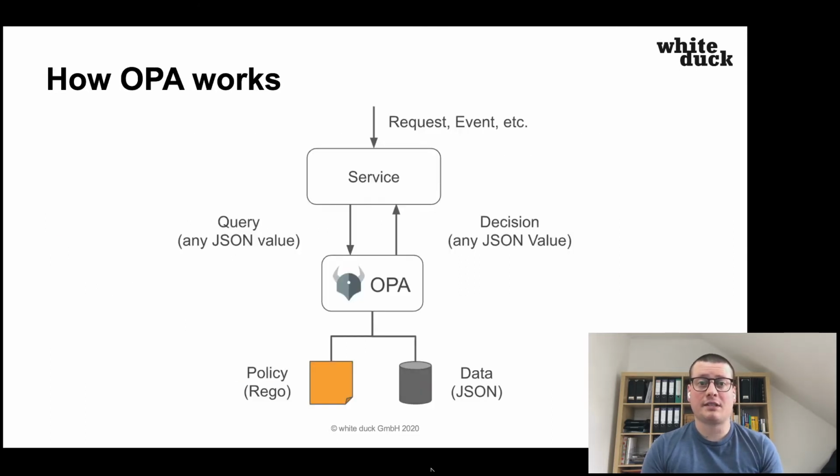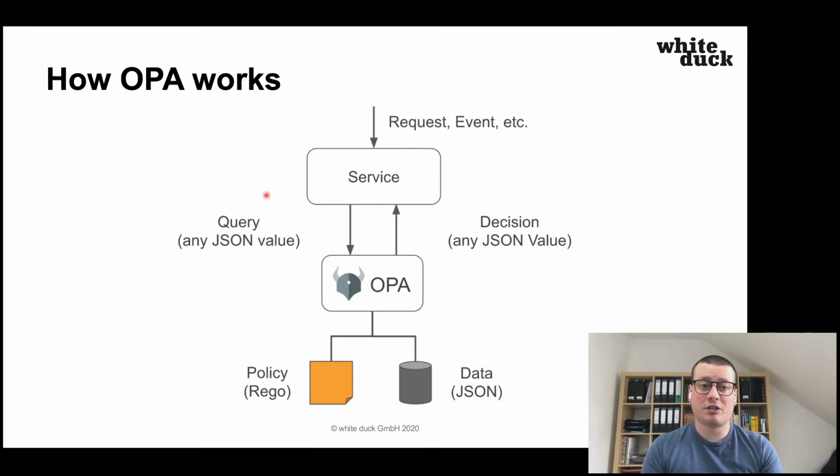So, but how does OPA, Open Policy Agent, actually work? As I mentioned, it's decoupled. So we have our service, and we have a request coming in, and we would like to verify if this request is allowed to do certain stuff.